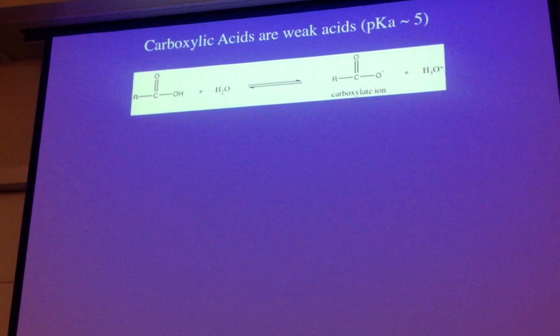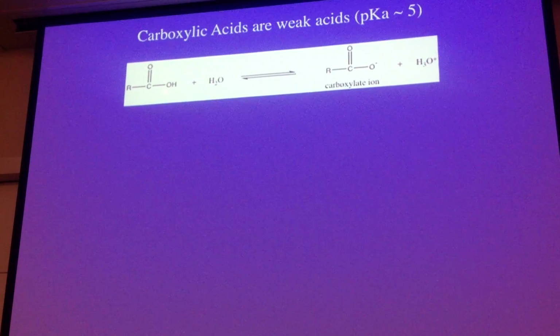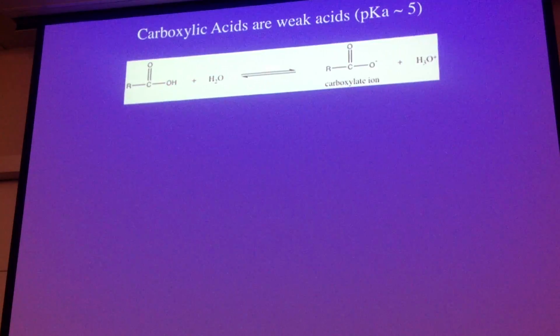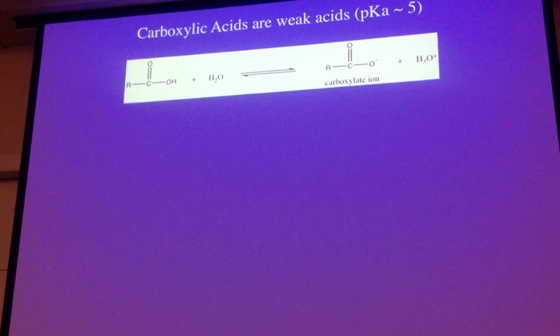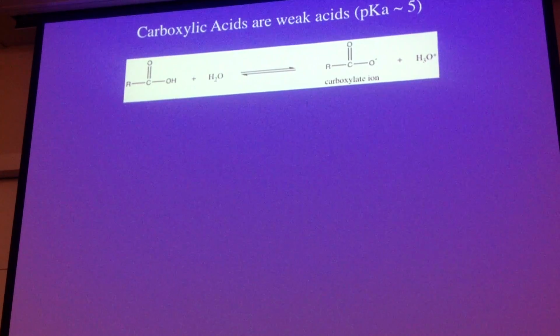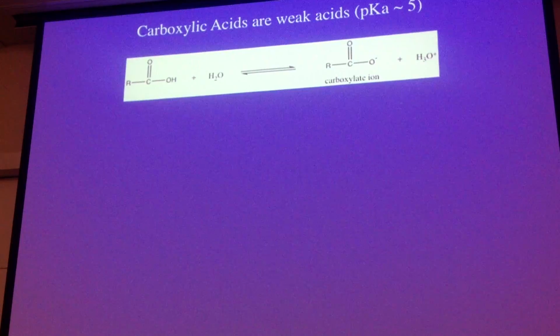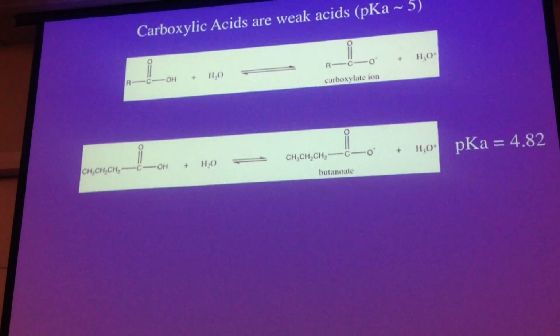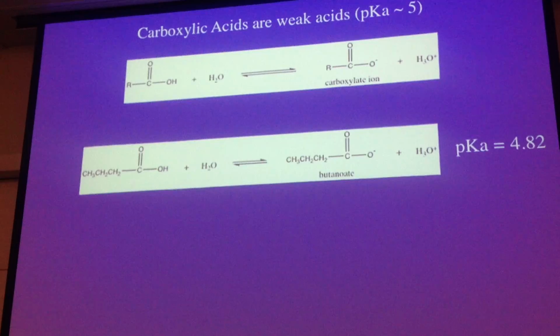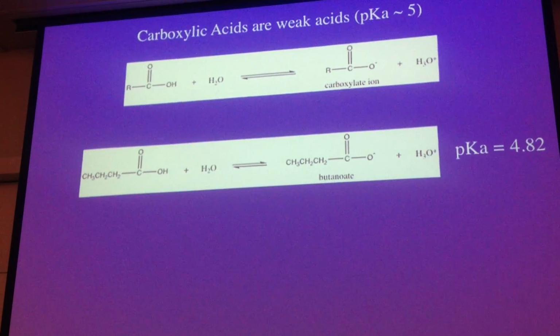Okay, as you can probably guess, carboxylic acids are acidic. So they can lose the hydrogen that's on the oxygen, and they form this species right here called a carboxylate ion. So acetic acid would form an acetate ion. The pKa is 4.82 for butanoic acid.